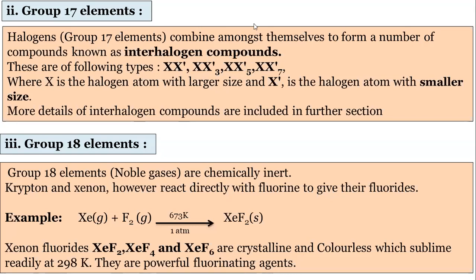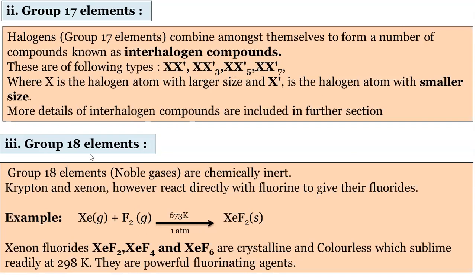X is the halogen having a larger size, and X dash is the halogen having a smaller size. Same for XX'3, XX'5, and XX'7. We will discuss all this later because a separate section is there on interhalogen compounds. In that part we will discuss it in detail.